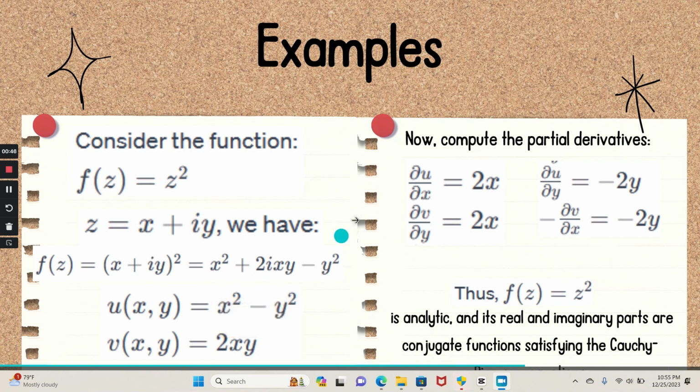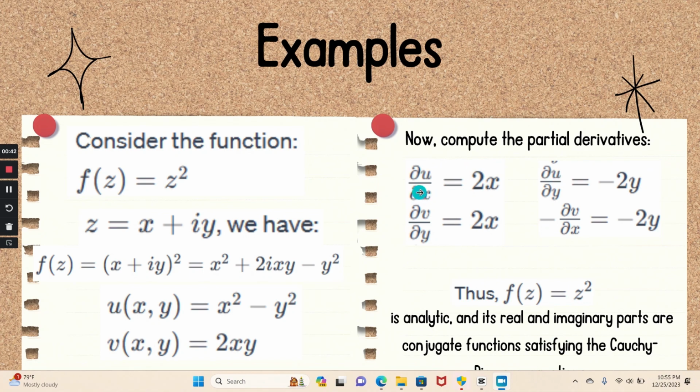Now, let's compute the partial derivatives. du over dx is simply 2x, while dv over dy is equal to 2x. They are equal.